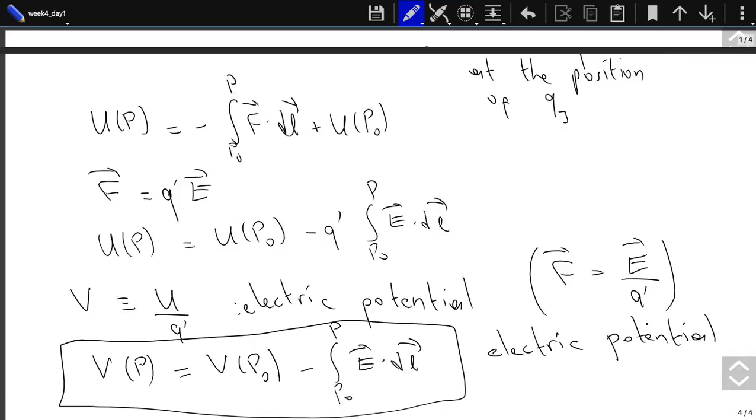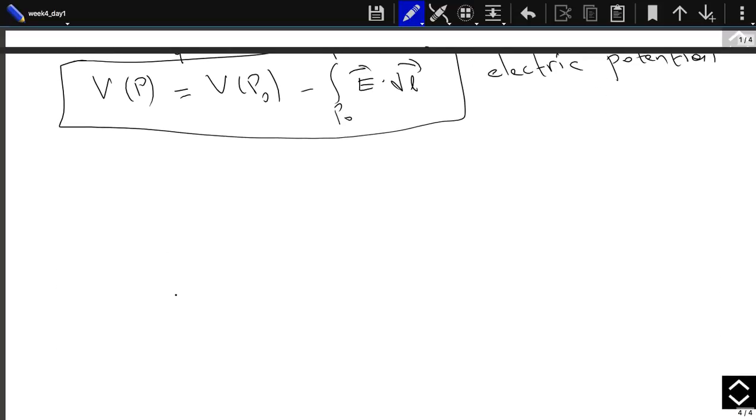So if you have a given charge distribution, Qi, let's say, and let's just pick up a point outside of this, somewhere, we can say this point P. Now, if you put a charge at that point, the force that that charge will feel will be Q prime times the electric field at that point.